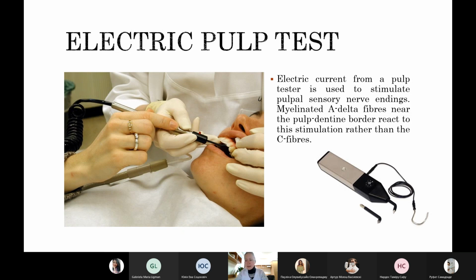And here you have this device, the electric pulp tester, with a tip and a special wire that is placed closely to the lip, or the patient can keep it in his hands. The tip of this device should be placed on the cusp or the cutting edge of the tooth, and then current stimulation is done.